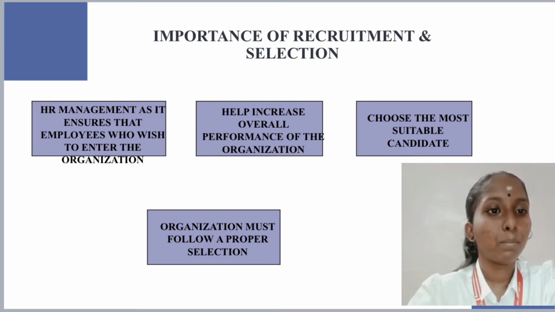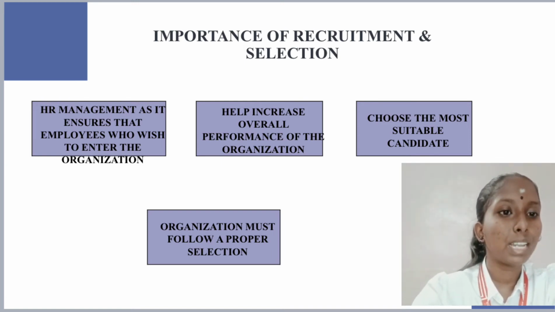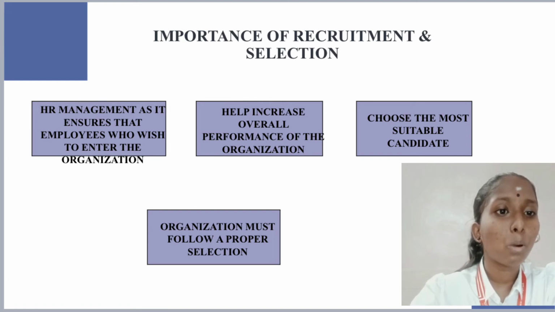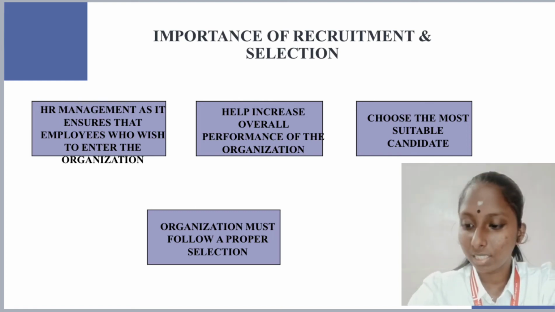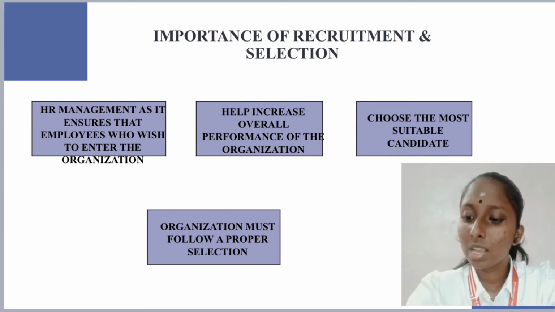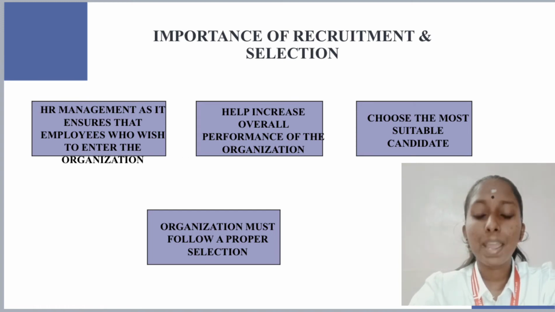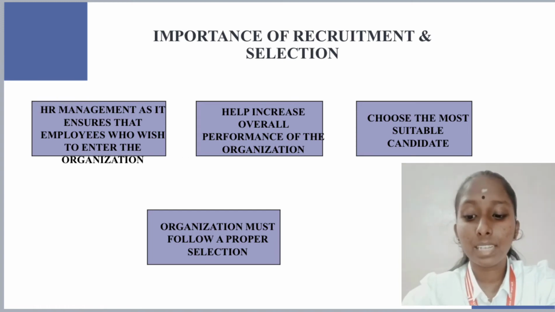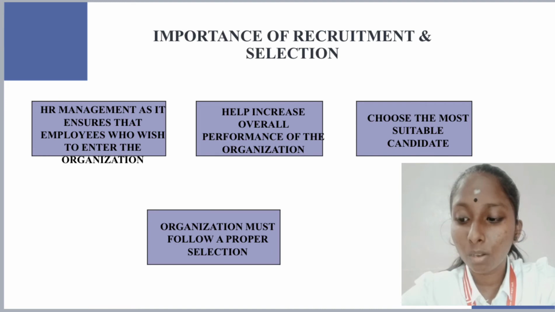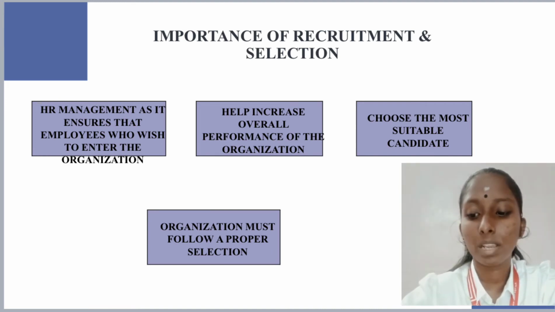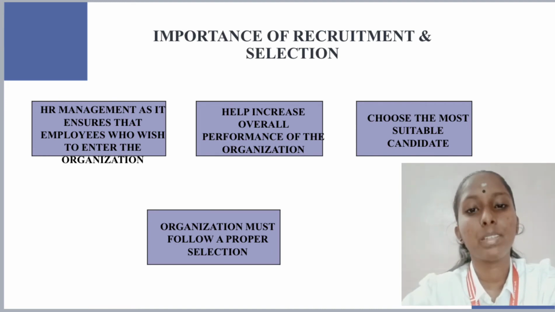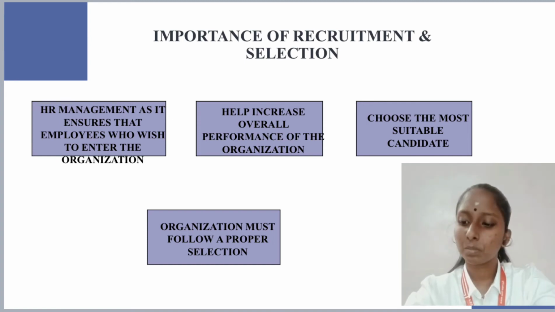The second importance of recruitment and selection is that it helps increase the overall performance of the organization. In contrast, if there is a bad hire with a bad selection process, then the work will be affected and the cost incurred for replacing the bad hire will be high.